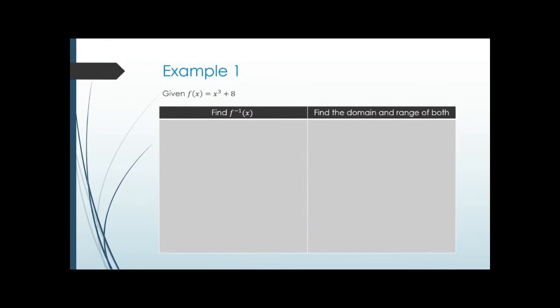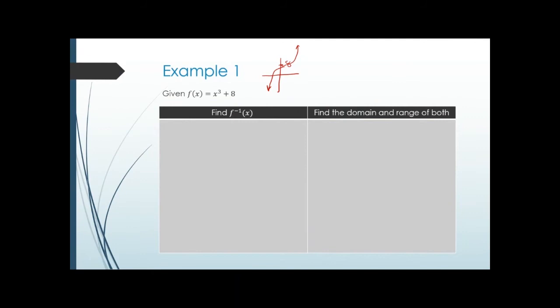This one has a function transformation where it's shifted up 8, so our cubic will look roughly like that. Sorry, I'm having issues where my pen is not showing up. This is where knowing transformations is helpful, because it gives you an idea of what it looks like and whether it is one-to-one. It's just shifted up 8, so it is one-to-one, and so it does have an inverse.